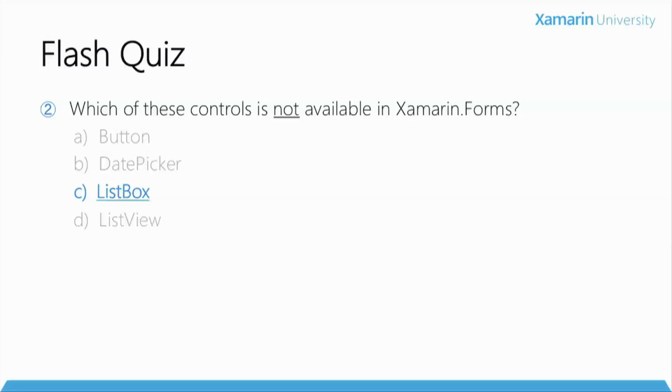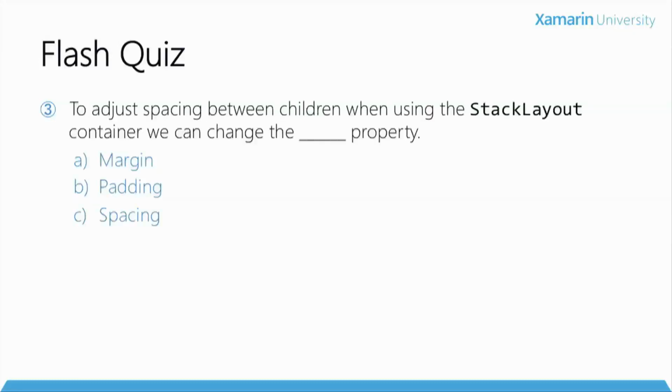Buttons are available. Date picker is a subclass of the general picker class. Then we have a list view, which is kind of a table view on iOS, but list box is not available.